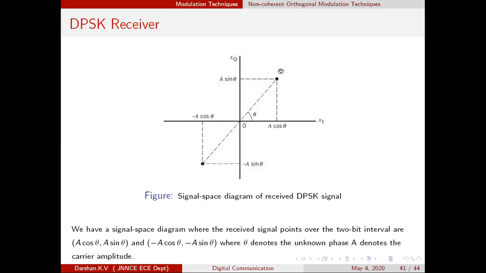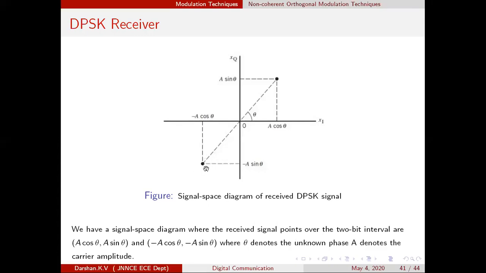How is this point to be read? This point has the coordinates A cos theta and A sin theta. Then what does this point have? Minus A cos theta and minus A sin theta. If the carrier has zero phase, this is the case. If there is any phase shift in the carrier, then the signal is represented by this particular point.